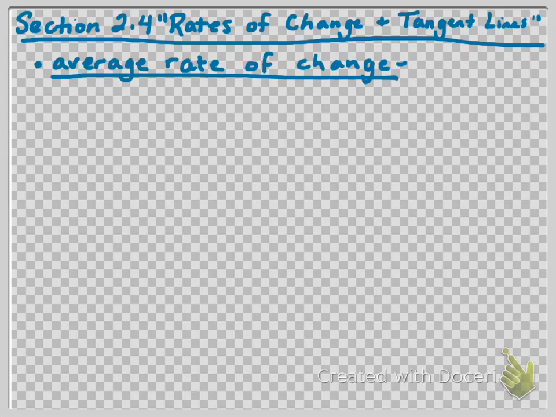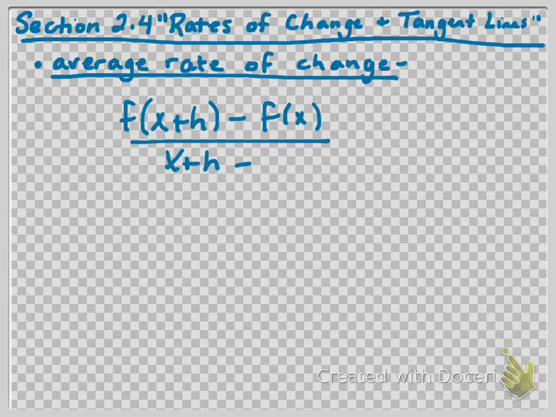And specifically, the format in which you should know that is f of x plus h minus f of x over x plus h minus x, which then equals f of x plus h minus f of x over h. Yes? Do the x's go away on the bottom? That is not complicated, is it?